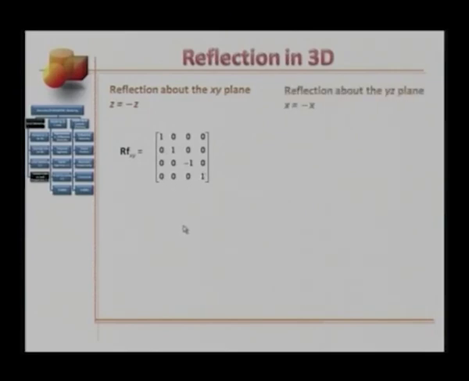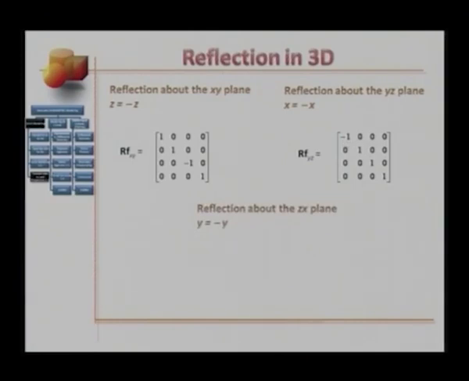Likewise, reflection about the yz plane will make the x coordinate change in sign. Reflection about the yz plane will be a 4x4 matrix. Well, you can consider it to be an identity matrix, with the difference that the first term here will be -1.